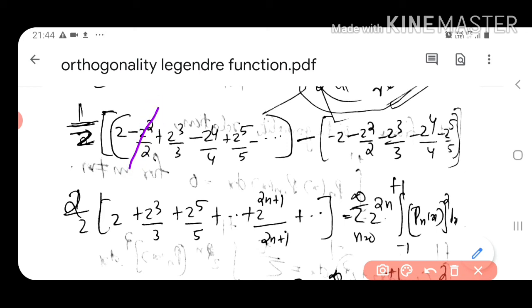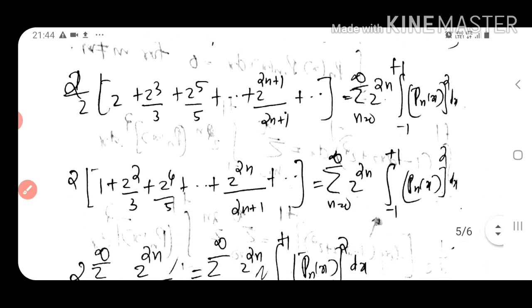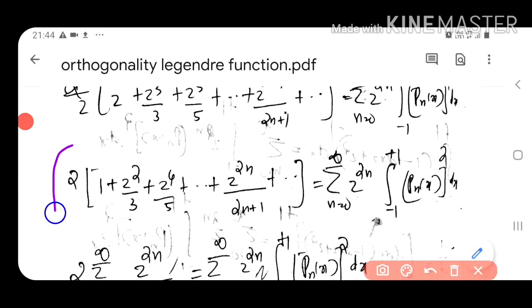Minus z square by 2 and plus z square by 2 will cancel, and minus z raised to 4 by 4 will cancel with plus z raised to 4 by 4. This z with this z will form 2z, and this z cube by 3 and this z cube by 3 will give 2z cube by 3. So from this one can write this as 2 into 1 plus z square by 3 plus z raised to 4 by 5, like this.